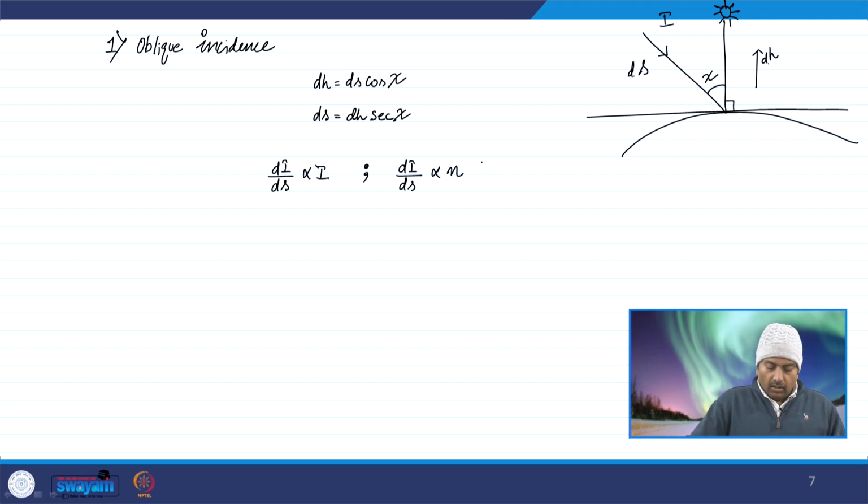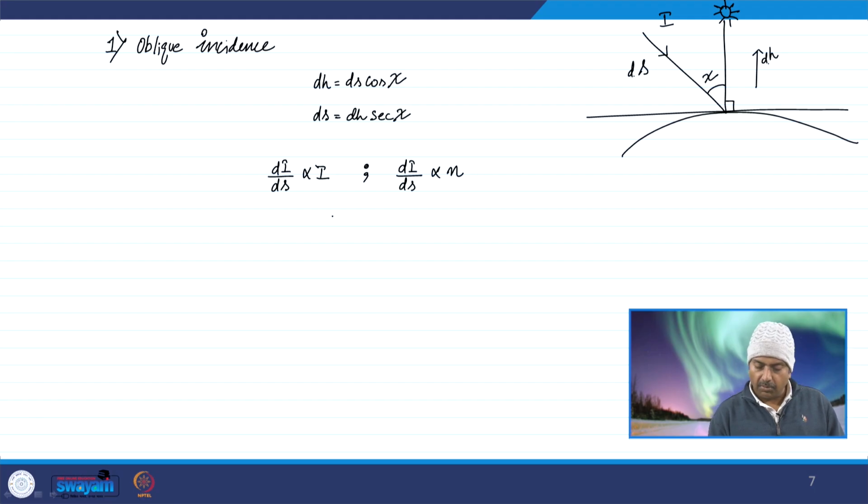The atmosphere is horizontally stratified, so there is no variation in density horizontally. So the decrease will depend on both these parameters.